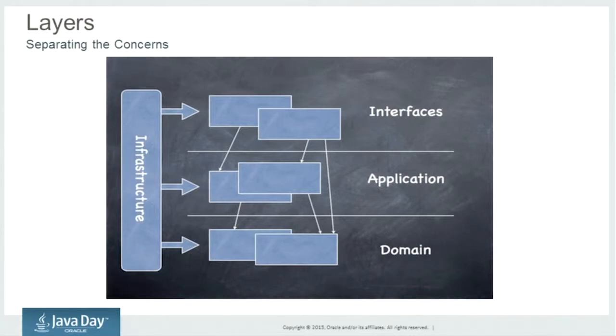Well, getting rid of layers can be good for productivity initially. However, I want you to think about the long term of an application that you may have seen. The idea that you shouldn't have layers works well for an application that consists of a few hundred lines, a few thousand lines, maybe tens of thousands of lines. However, when you go beyond that, you really need to introduce layers.